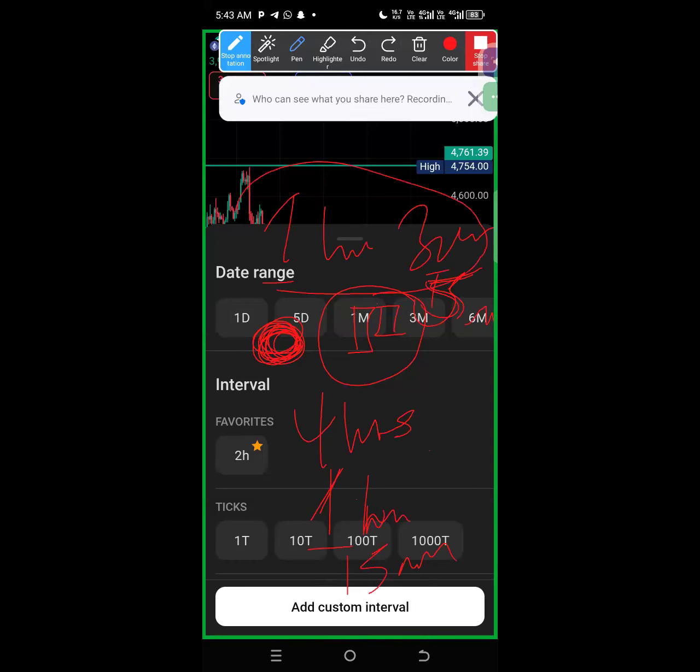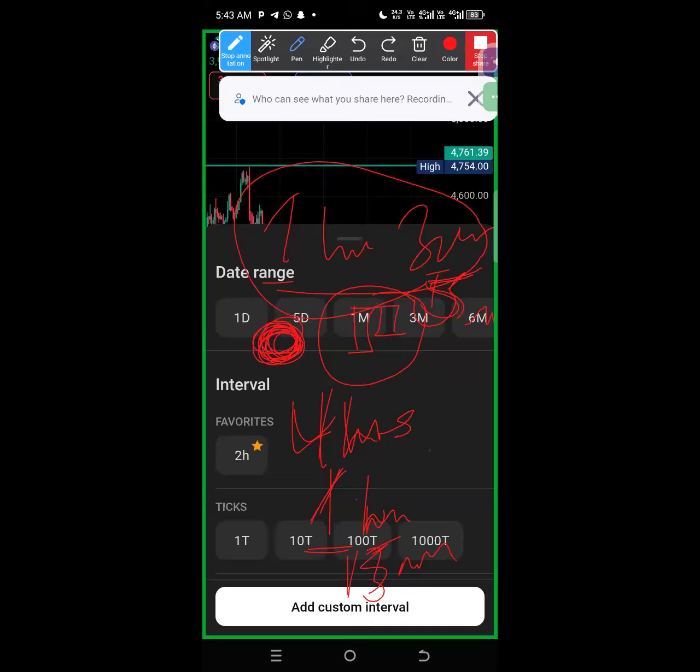So either you are using 1 hour, 30 minutes, and then 5 minutes, you are not wrong. Someone using 4 hours, 1 hour, and then 15 minutes, you are not wrong. Do you get it?